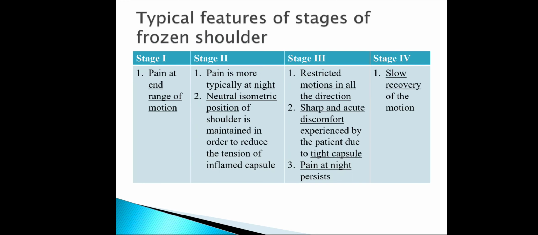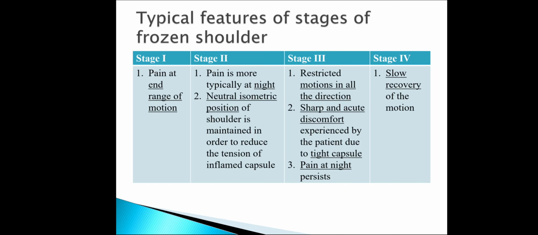Typical features of the stages of frozen shoulder: stage 1, that is the pre-freezing stage, pain at the end range of motion. Stage 2, that is the freezing stage, night pain, and neutral isometric position of the shoulder is achieved. Here, the neutral isometric position of the shoulder is due to your malposition of the scapula, which I will be discussing further ahead.